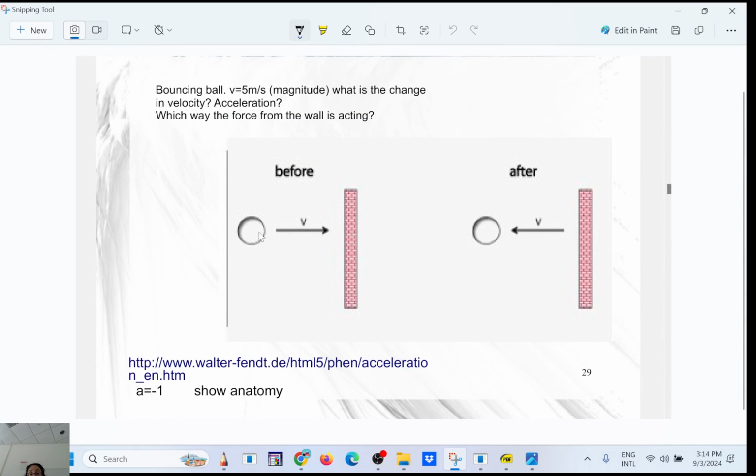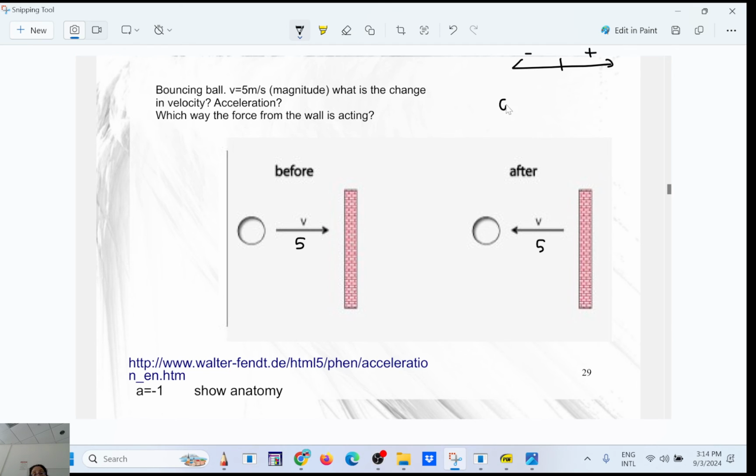Okay, so it's a ball and it's bouncing off. The magnitude is 5, but now the velocity is what? Plus 5 or negative 5? Negative 5, and here it's plus 5. So first of all, I have to decide right is plus, minus is left.